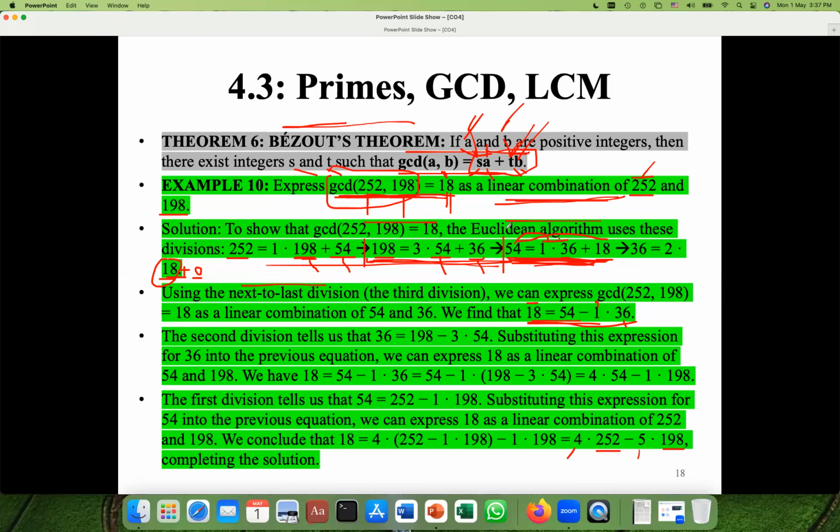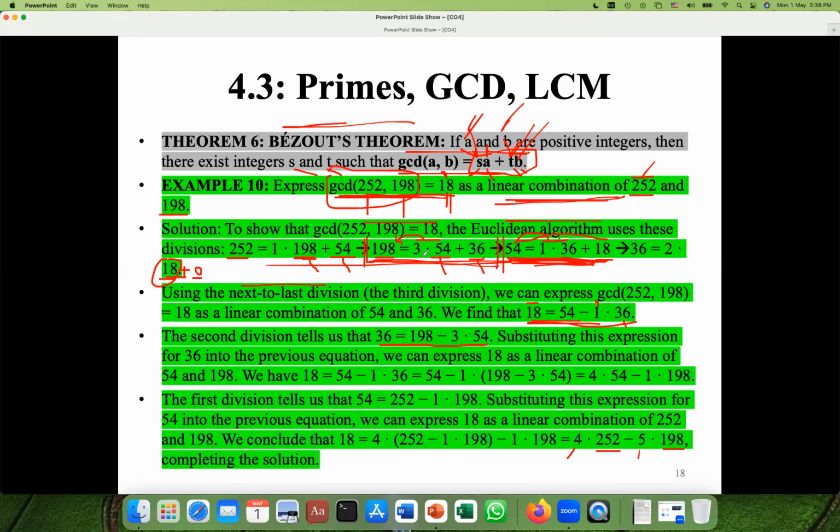What is that thing? Then we move towards the next step, which is this one: 198 is equal to 3.54 plus 36. What you can do here is move this portion to the 198 side, and it will become 36 is equal to 198 minus 3.54.